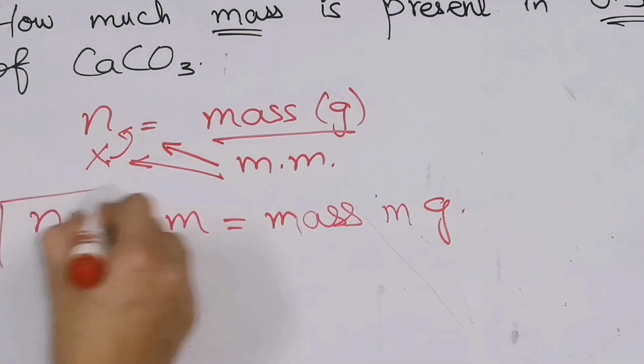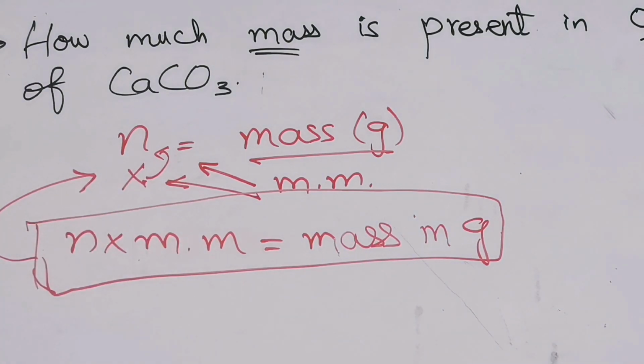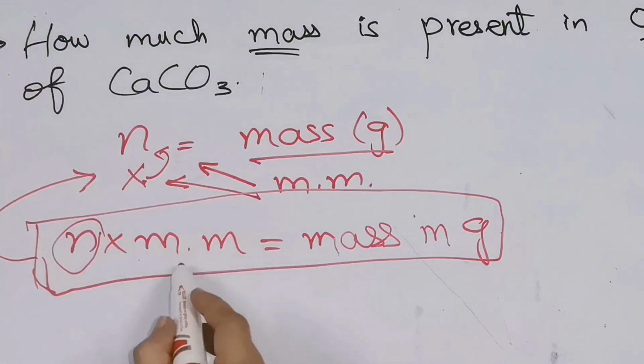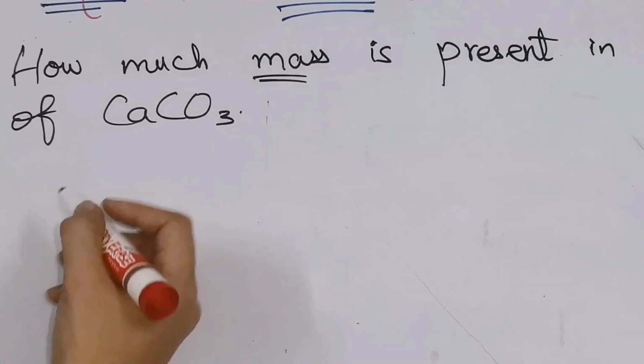Now we have this formula, which is the rearranged form of the main formula. We already have the number of moles and we can find the molar mass, right? Note this formula.